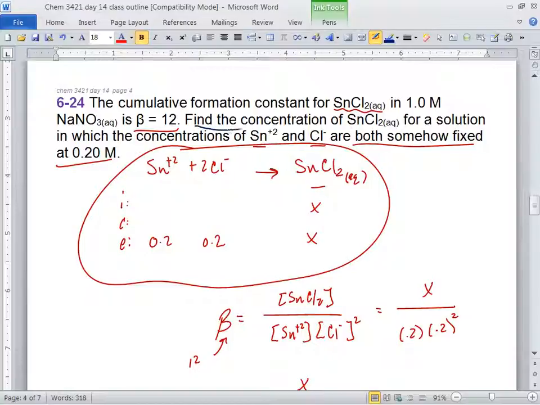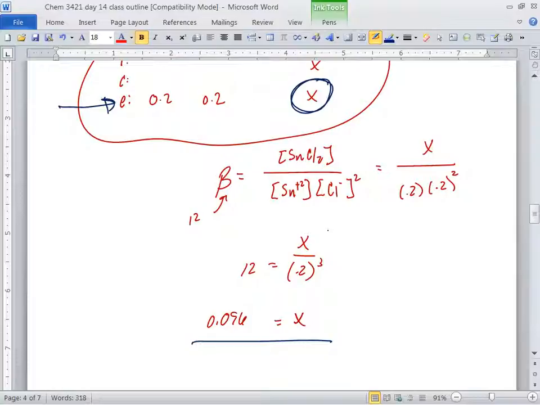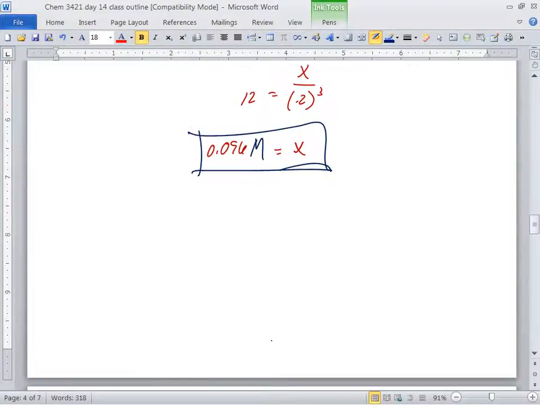The concentration of tin chloride. Look in the ICE table. The answers are all in the E row. So the answer is X. That's right. I guess you should put units on it, so you don't lose any points. Kimberly, what units should you put on there? Big M. Okay, big M.